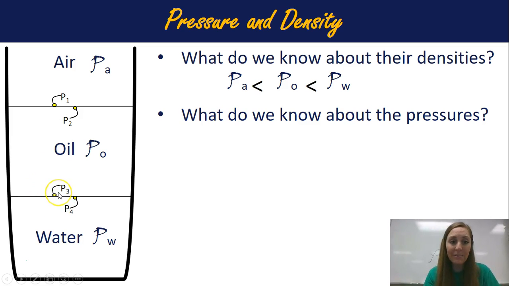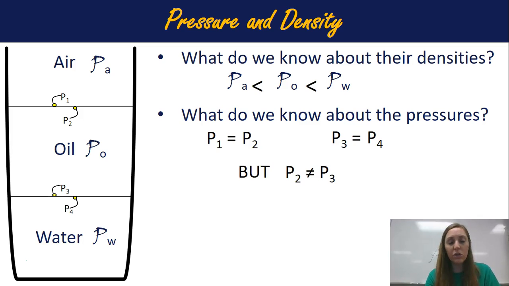P3 is going to be the pressure at the very bottom of the oil, and P4 is the pressure at the very top of the water. So remember that at the interface, or where they connect, they have to be the same. So P1 is exactly the same as P2. We also know that P3 is the same as P4, but P2 and P3 are not the same because they're at 2 different points.